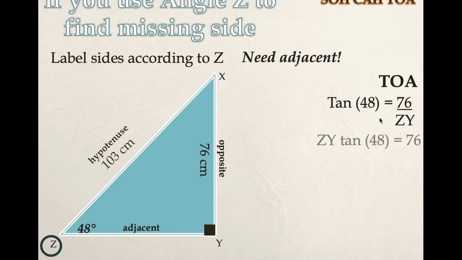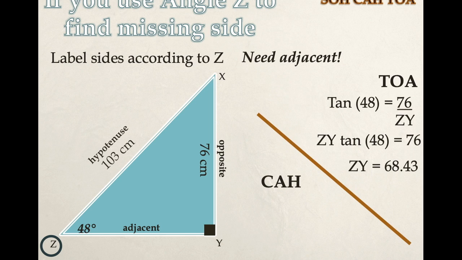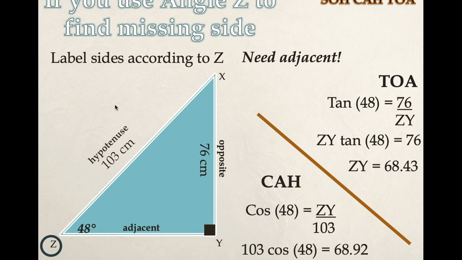And I'm going to cross multiply to find that the ZY side is equal to 68.43 centimeters. Or I could have used cosine to find that same line: the cosine of 48 is equal to the adjacent side that I don't know over the hypotenuse that I do know, cross multiply, and still get something rather similar to when I used tan.